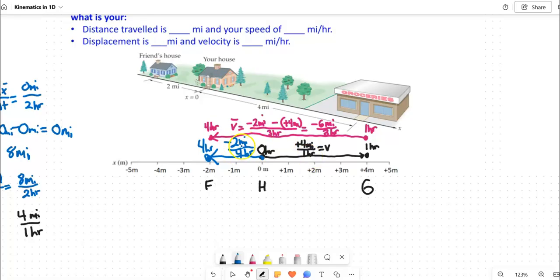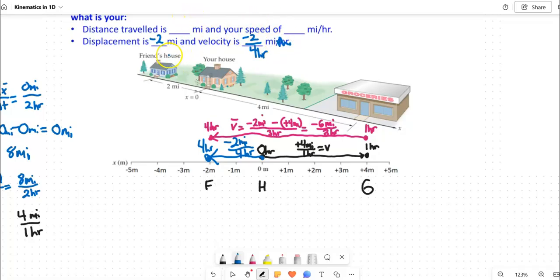So your displacement is -2 miles, and your total velocity is -2 miles over the period of 4 hours.